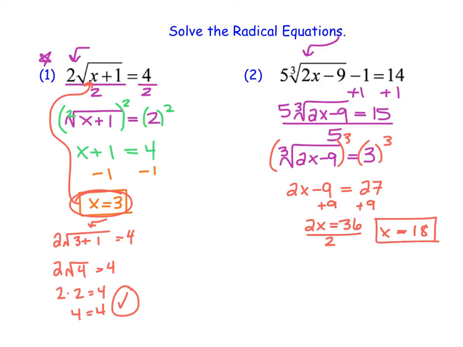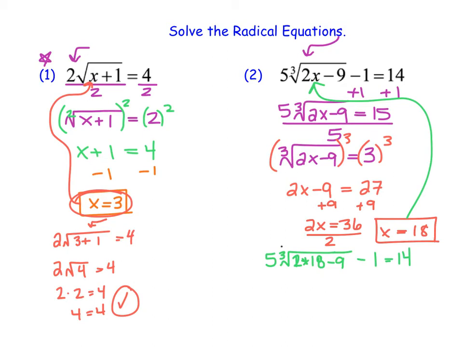Now I want to check my answer. I'm going to take my value for x and plug it back into this original equation and just verify that it makes it true. So here I have 5 times the cube root of 2 times 18 minus 9, and then minus 1 on the outside is equal to 14.